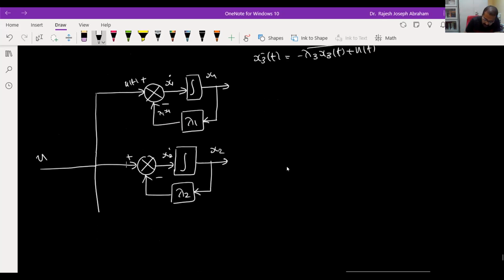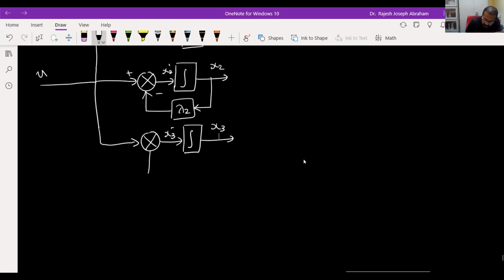Then what is x3 dot? x3 dot is nothing but minus lambda 3 x3. So this is x3 dot. When you integrate, you get x3. Fine. So there should be minus lambda 3 with the signal from x3.